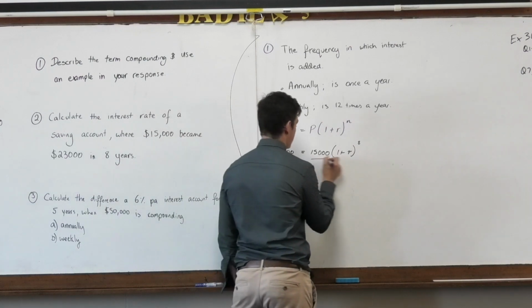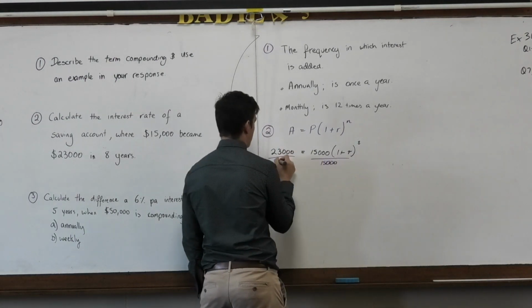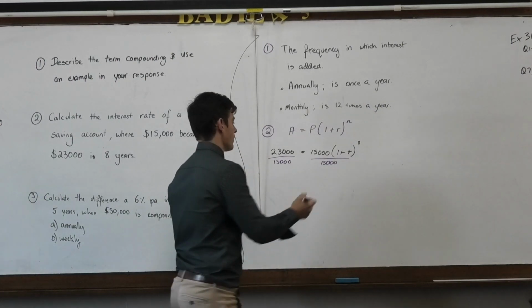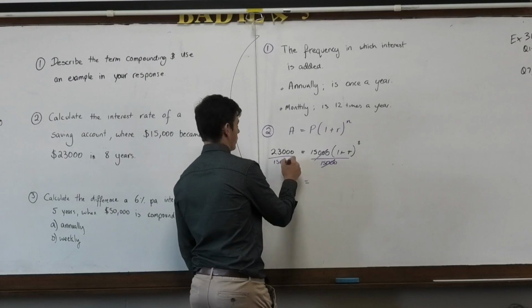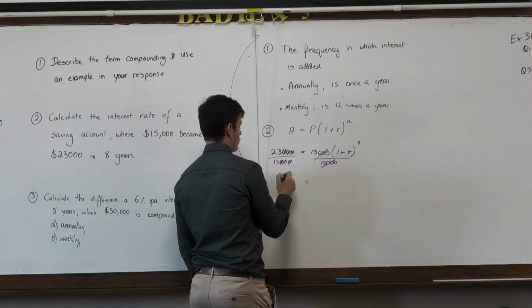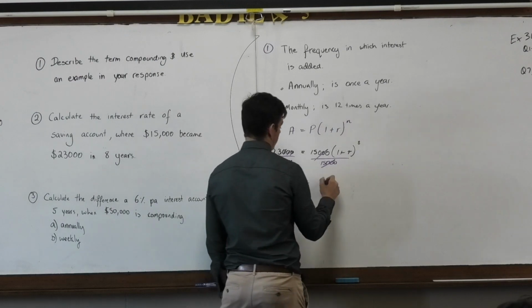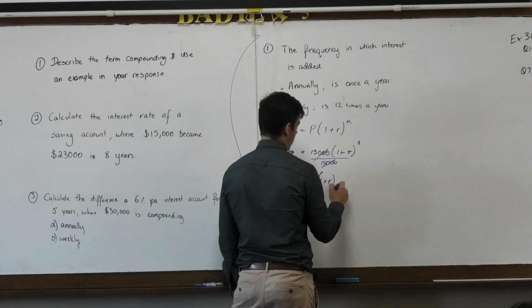Divide by 15,000, because I want to undo the 15,000 on the right hand side, correct? What happens to the 15,000? Cancel that. What am I left with? 23 over 15 equals 1 plus R. Do I need to keep the brackets? Yes, I do need to keep the brackets.